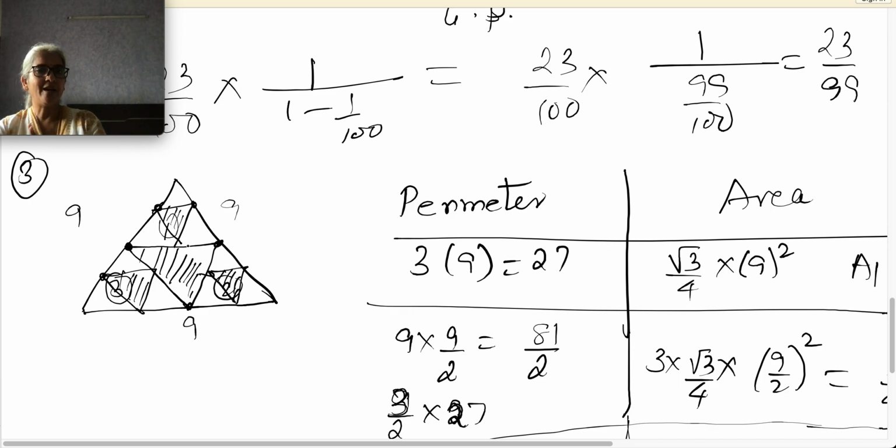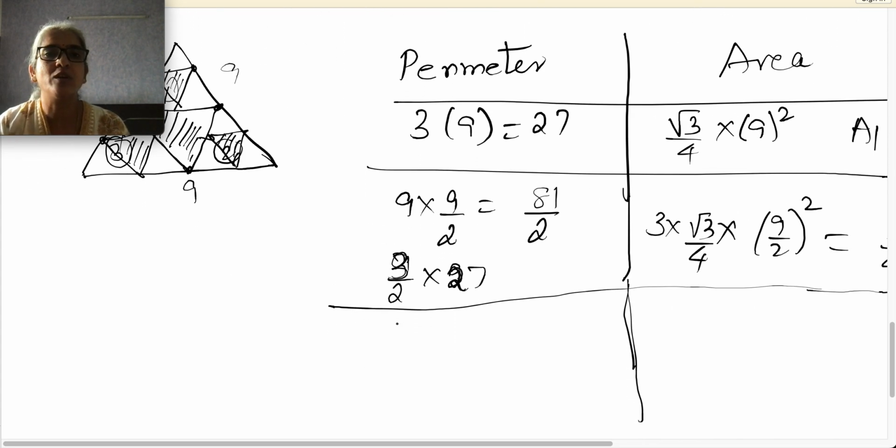Okay. Now what is my side? Each side, how many triangles do I have now? 1, 2, 3, 4, 5, 6, 7, 8, 9. Okay, I had one triangle, then I had 3 triangles, and then now I have 9 triangles. So the number of triangles are also increasing in a sequence somehow. So what is my perimeter going to become?